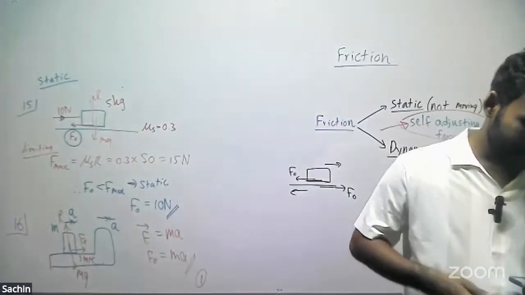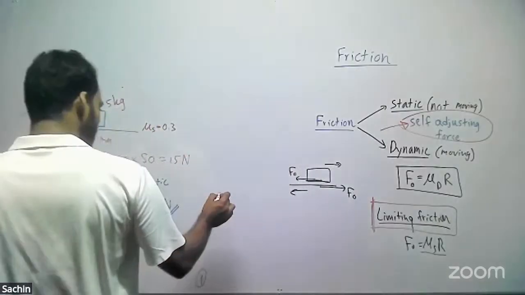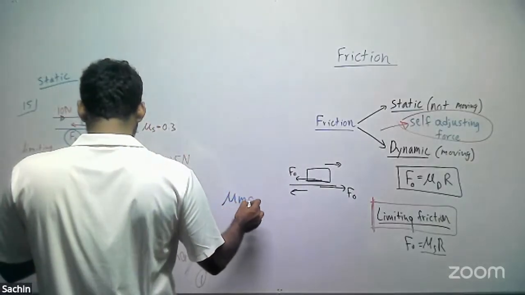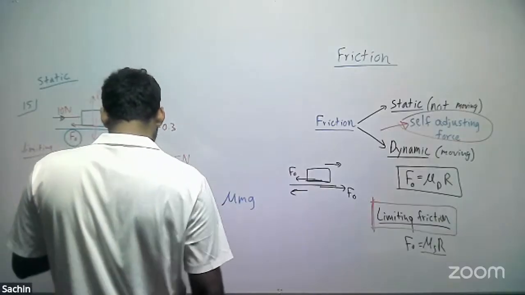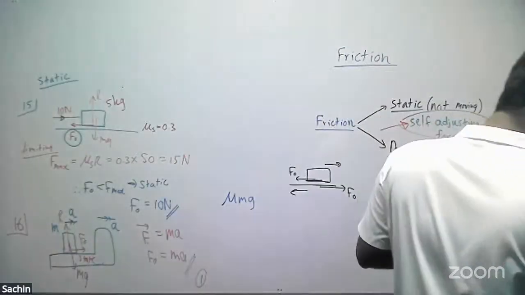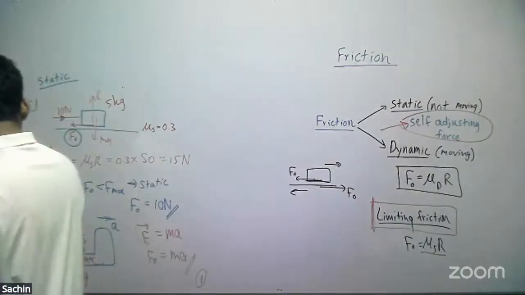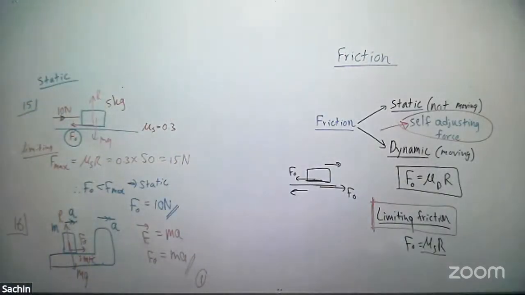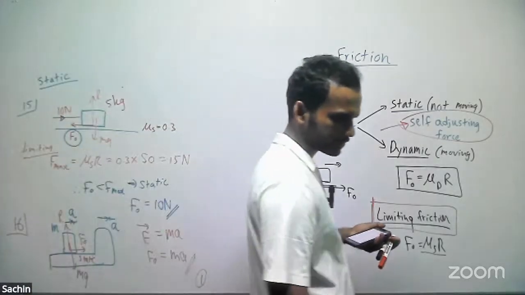Most of the students will choose either mu mg, or mu mg plus a, or g plus a, g minus a. They will pick one of those. Understand this: in the static case, friction is whatever it needs to be. It is self-adjusting.